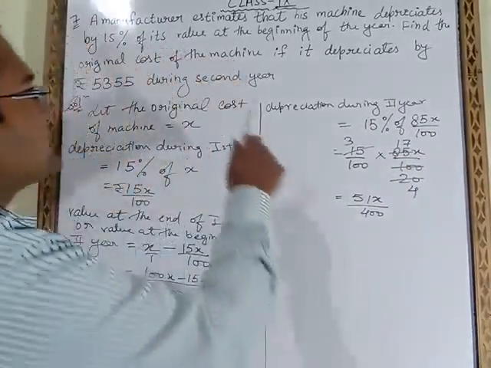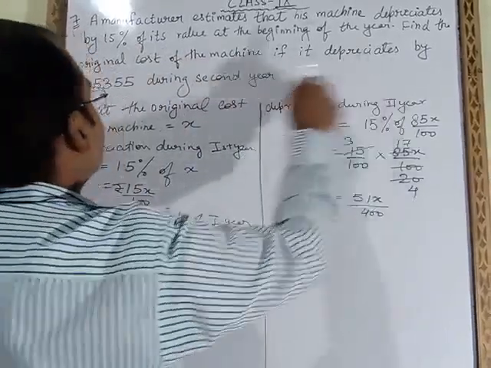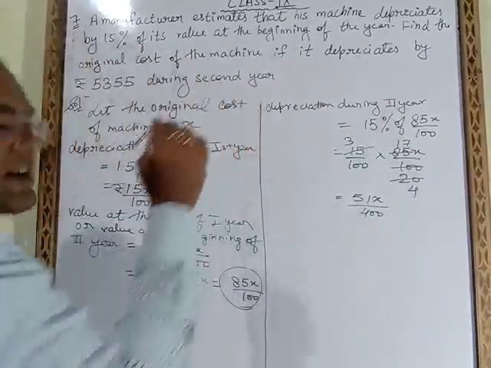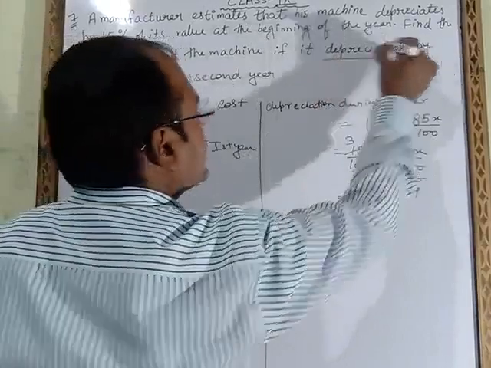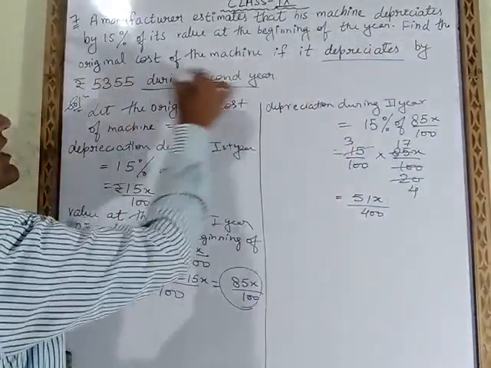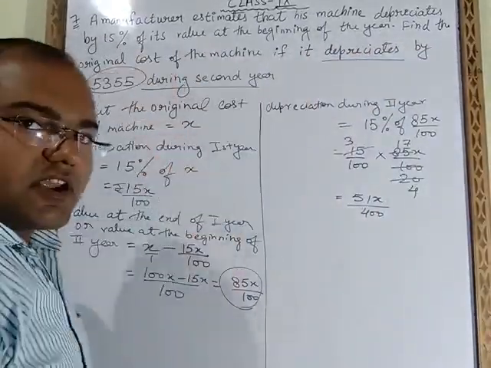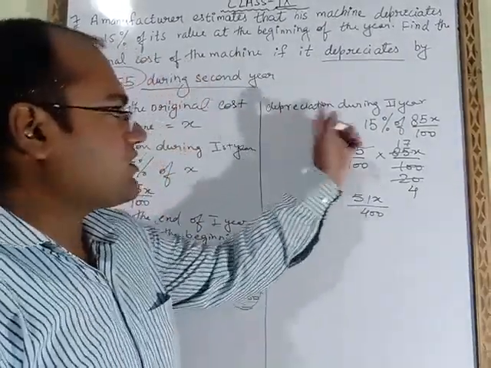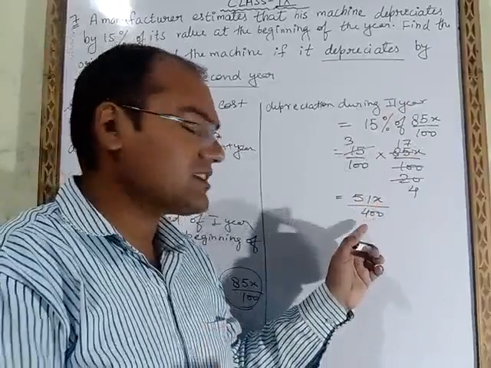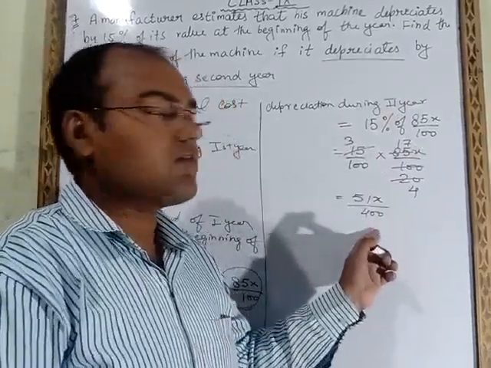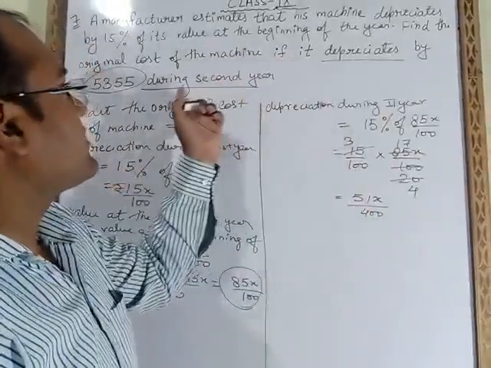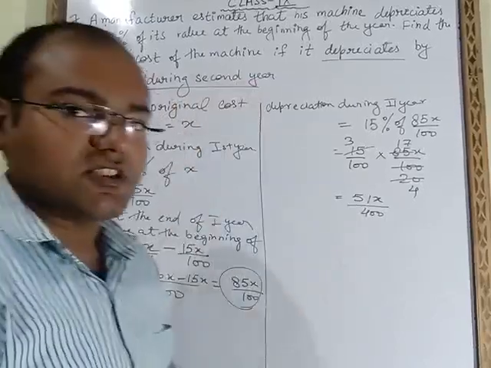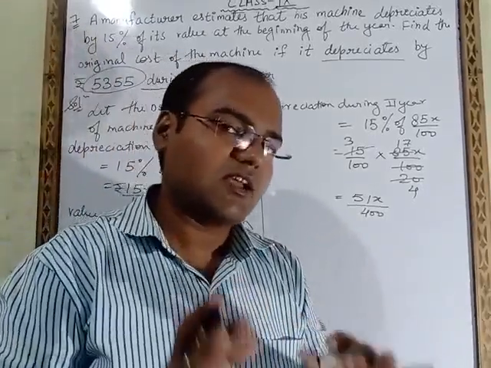But in the question it is given that depreciation during the second year is 5355. We also found depreciation during the second year, and our answer is coming 51x upon 400. Both things are the same.